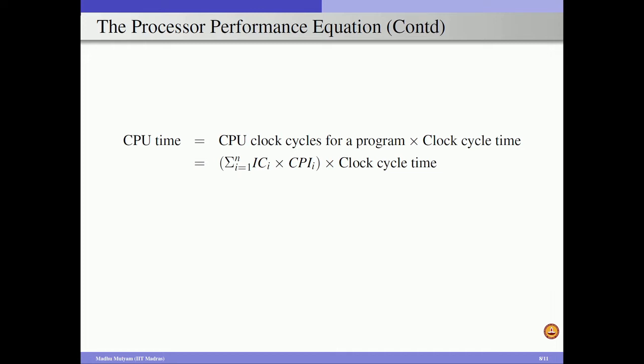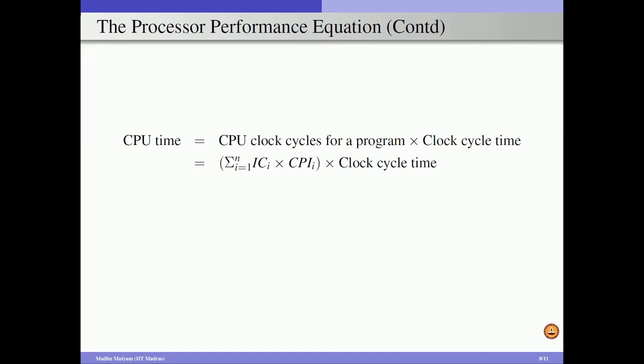This can also be written as the sum of the products of instruction count of a particular type of instruction and its cycles per instruction, times cycle time.